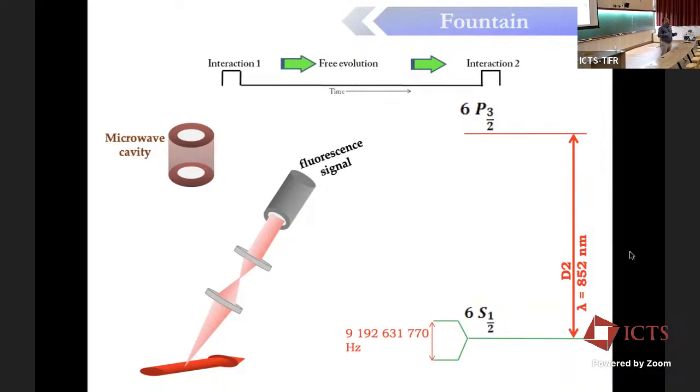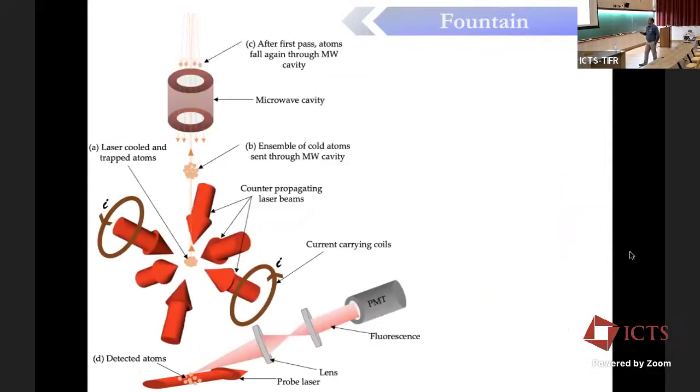Here, instead of water, it's cesium atoms. That's why the name is fountain. Then they come back and you detect them. This is exactly what I described in my earlier slides: you have two interaction zones while going through and coming back, and in between you have free evolution. That's the entire picture of how it looks.